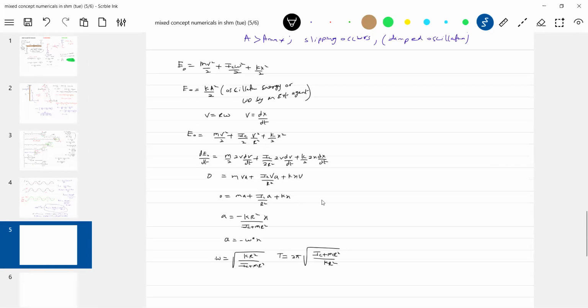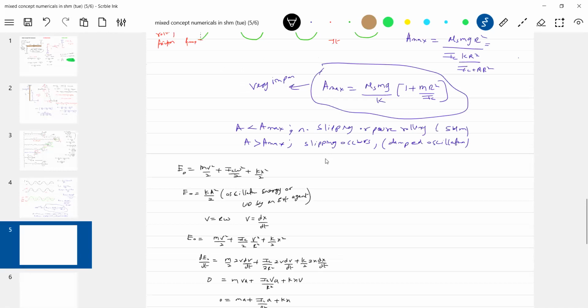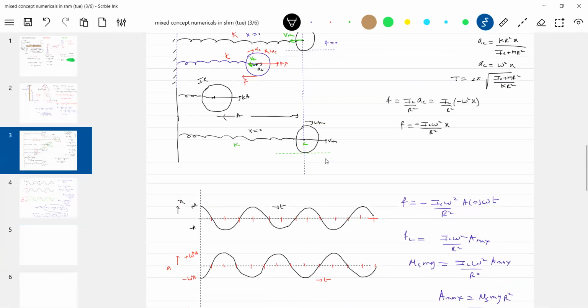Now look at both the answers: 2 pi root of IC plus MR square by KR square.